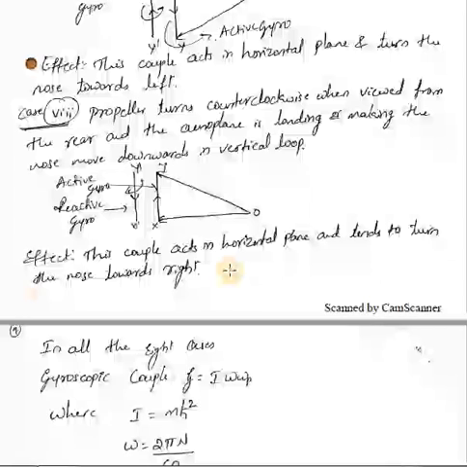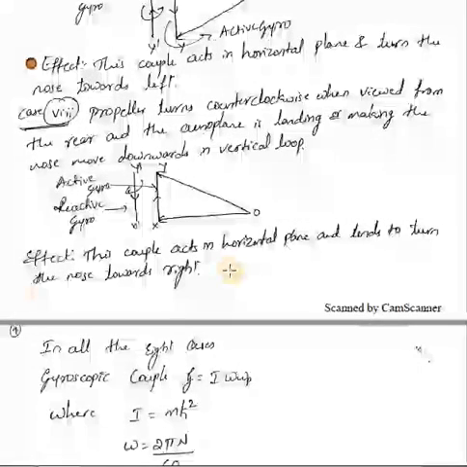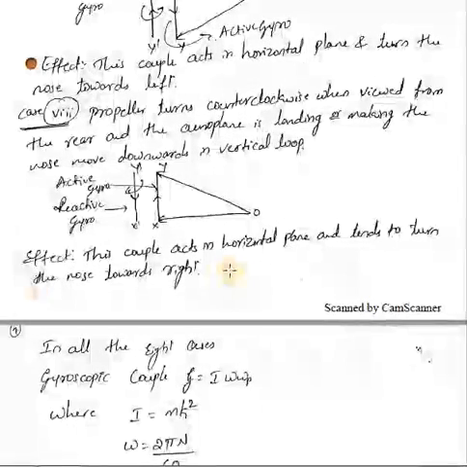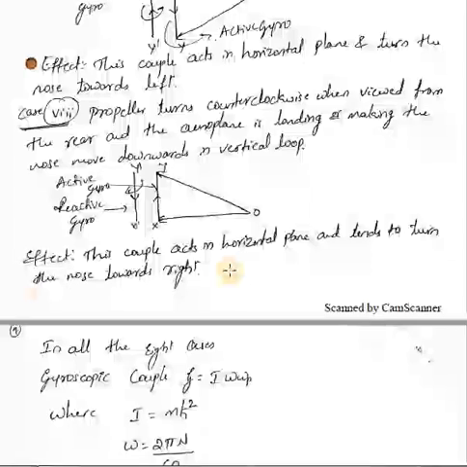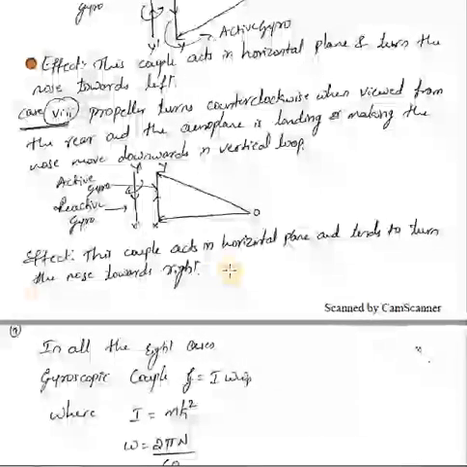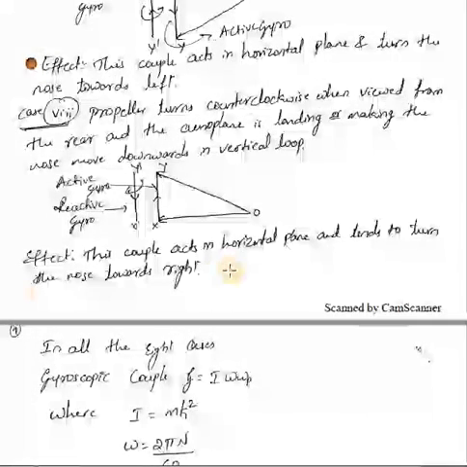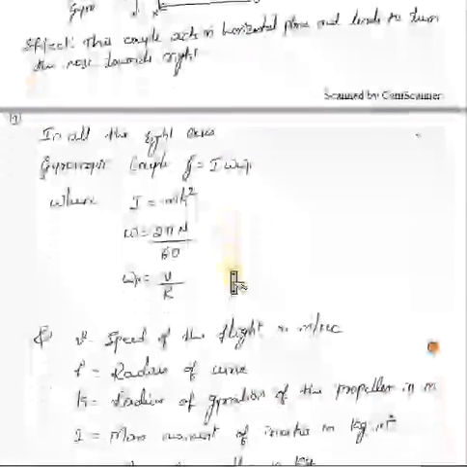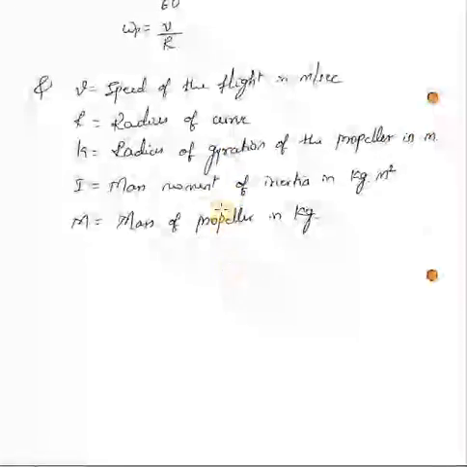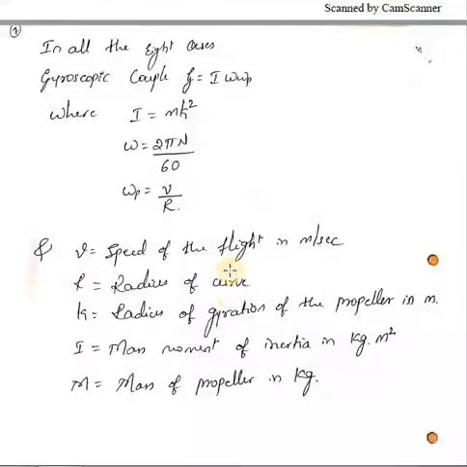So in the first 4 cases the couple is acting in the vertical plane, and in the last 4 cases the couple is acting in the horizontal plane. In all 8 cases the gyroscopic couple G is given by G equal to I into omega into omega p, where I is m into k square, and omega is given by 2 pi N by 60.